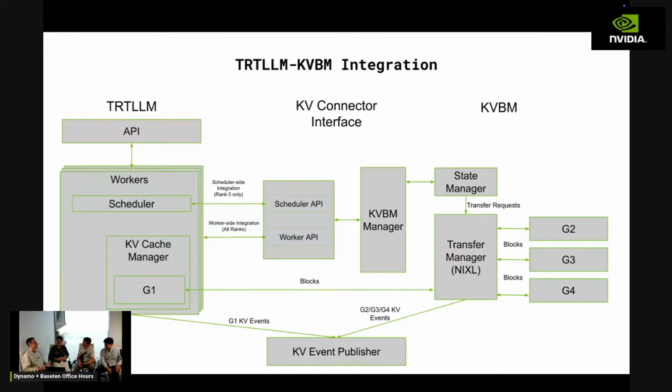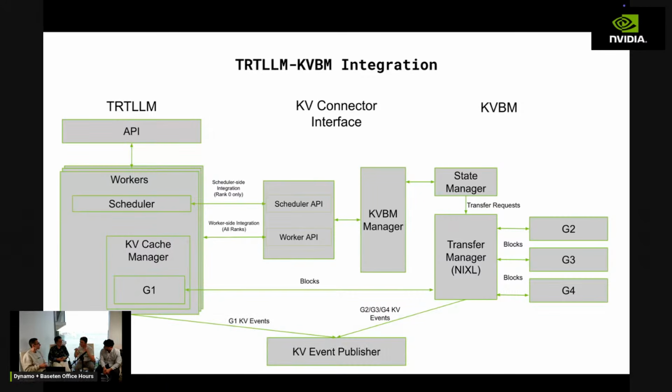That hooks into our transfer engine, which is actually performing all of our transfers between G1, G2, and G3, and I guess including G4 in there as well, just as more of a future-looking item. Our current strategy for transferring blocks is a bit different based on whether we're going from G1 to G2 or G2 to G3.